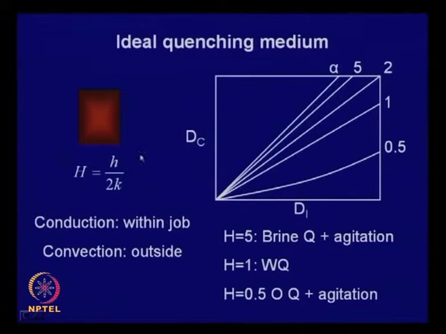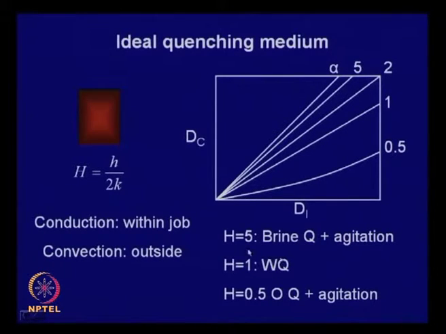Such approximations are always used in engineering. So, this will be 1 over inch, or 1 over meter, or 1 over centimeter, that will be the dimension of this severity of quench.